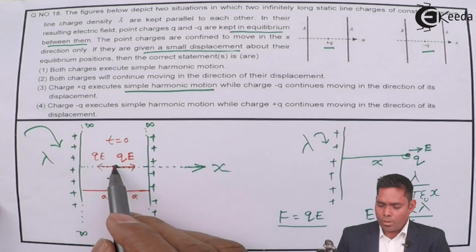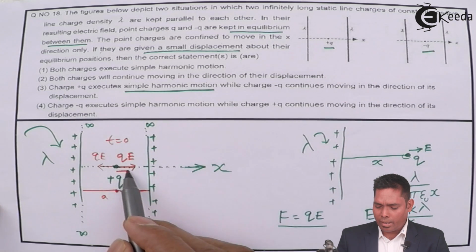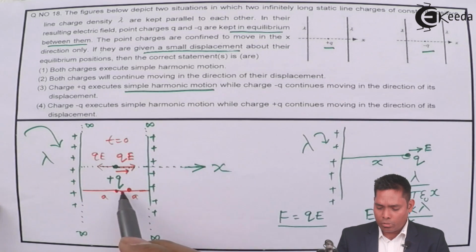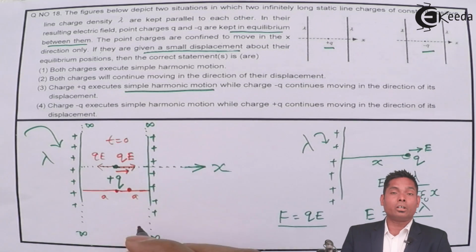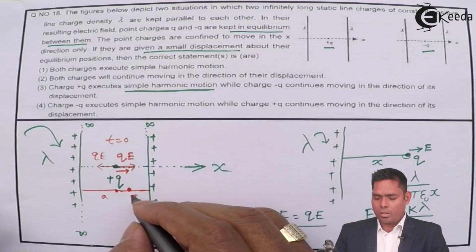So when this is given a displacement towards right, then the charge will be here, and in this situation you have to find the net force responsible for the motion.